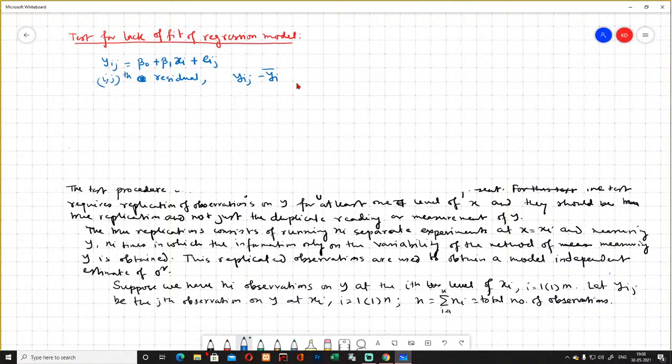where yi bar is equal to 1 by ni sum over j from 1 to ni yij. Sorry, this is my mistake.